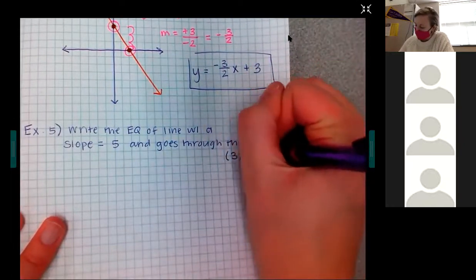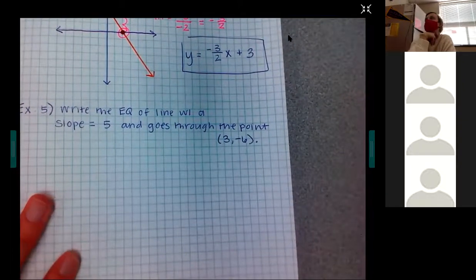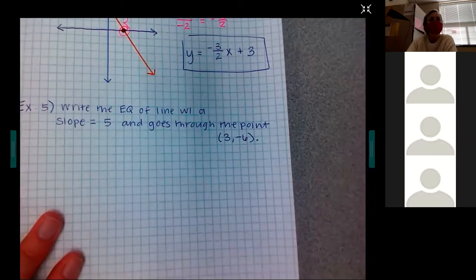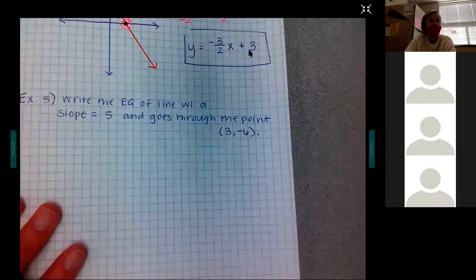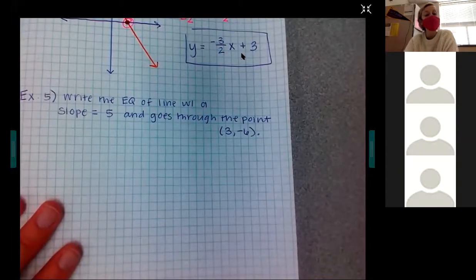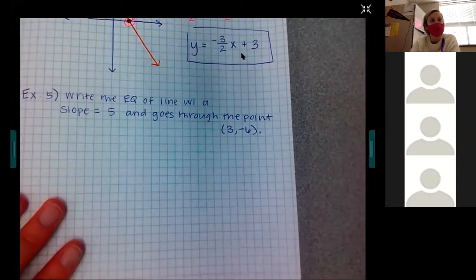This one's the more challenging one today. 3, -6. All right, write the equation of the line with a slope equal to 5, and it'll go through the point 3, -6. What did I not give you that you have to know to write the equation?